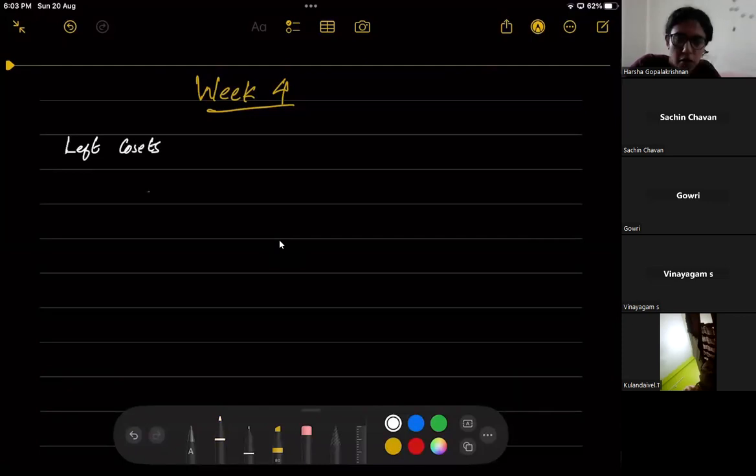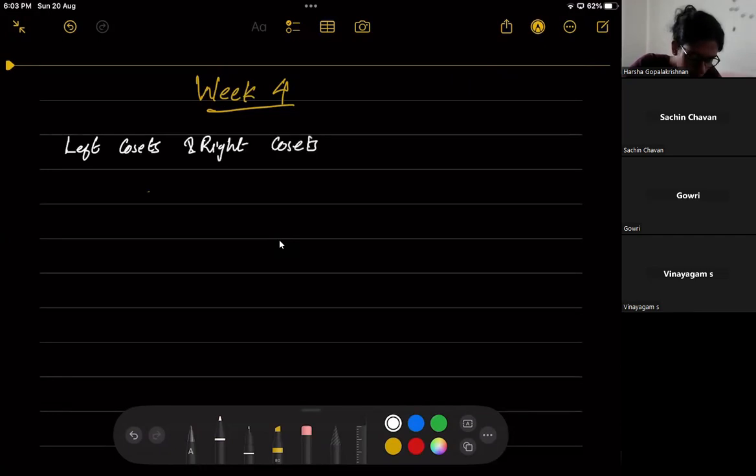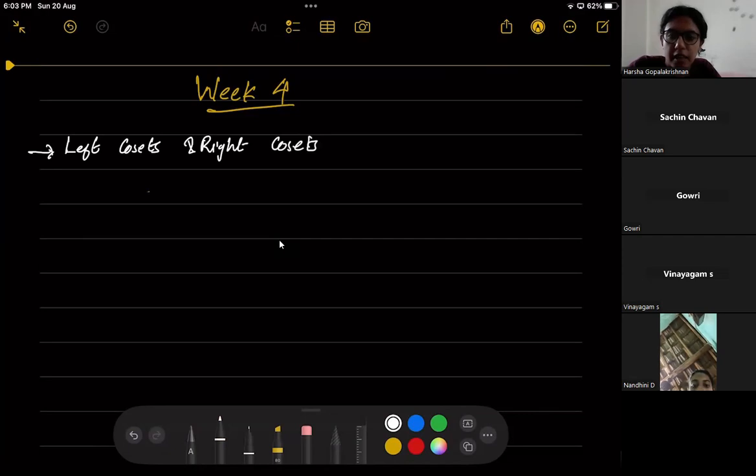We have two types of cosets, left cosets and right cosets. Mostly our interest will be in the cosets where left and right cosets will be equal. So most examples will be like this. In general, they need not be equal. The number of cosets will be equal, whether left coset or right coset.